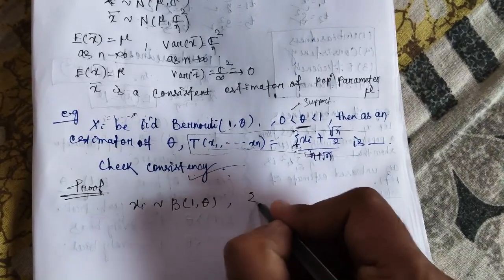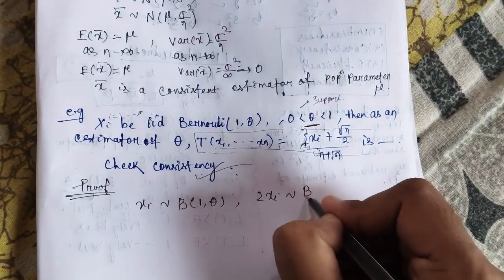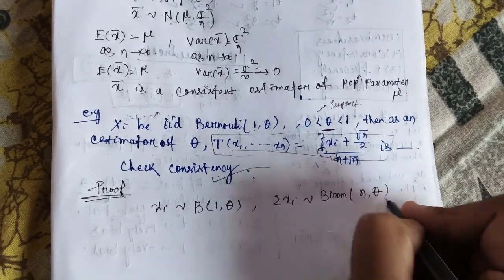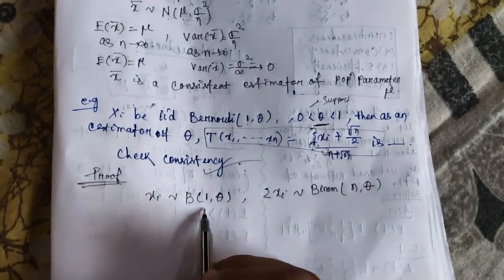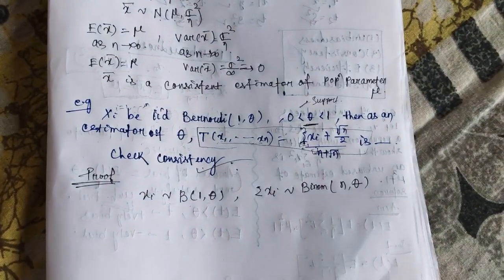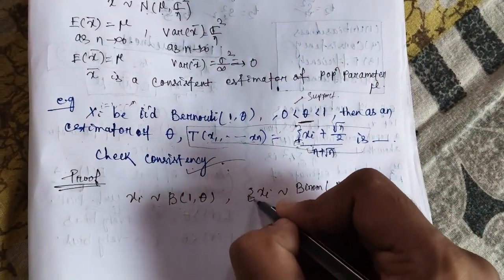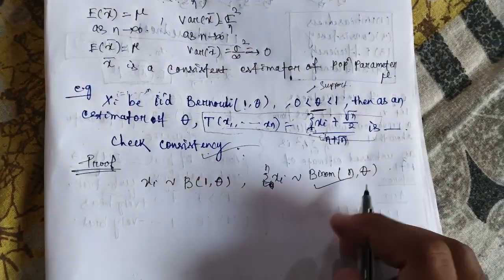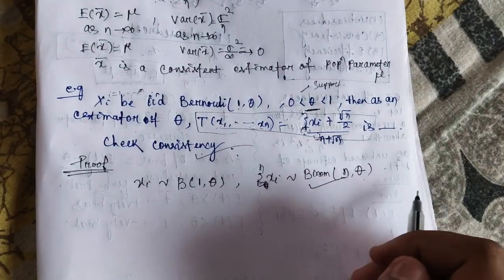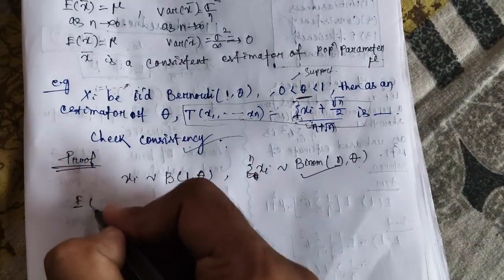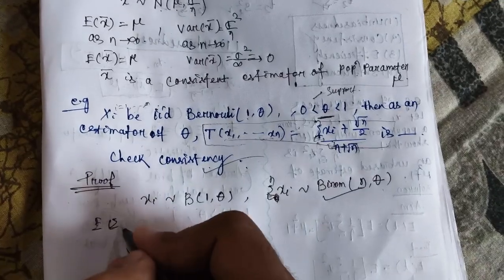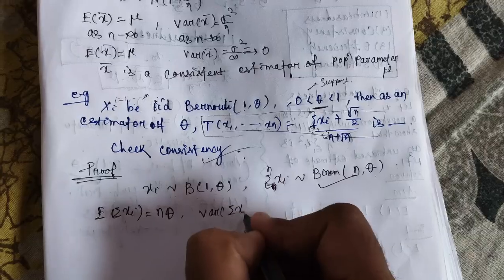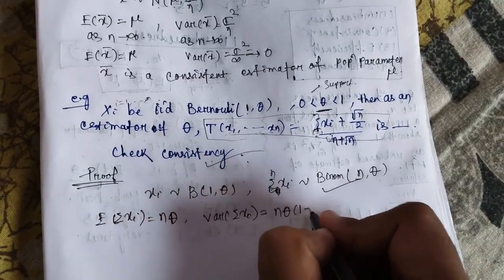So we can say summation xi will follow the binomial distribution with parameters n and theta, because Bernoulli is based on only one trial, but for n trials of a Bernoulli variate it follows the binomial variate with parameters n and theta. So the expected value of summation xi will be n theta, and the variance of summation xi will be n theta into 1 minus theta.